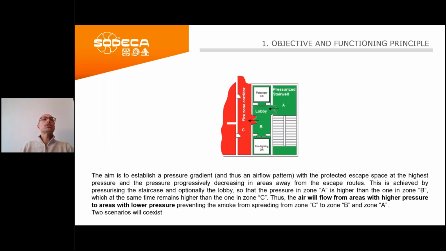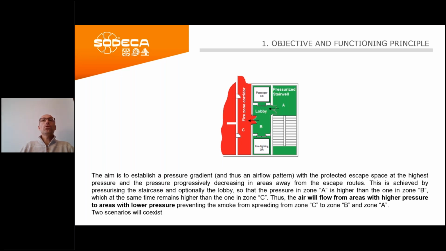The aim is to establish a pressure gradient and thus an airflow pattern with the protected escape space at the highest pressure and the pressure progressively decreasing in areas away from the escape routes. This is achieved by pressurizing the staircase and optionally the lobby, so that the pressure in Zone A, the stairwell, is higher than the pressure in Zone B, which at the same time remains higher than in Zone C, the accommodation area, let's say the office, the hotel rooms, the apartment.